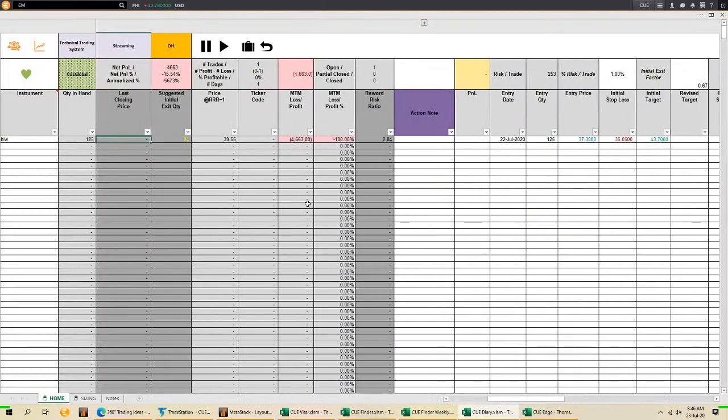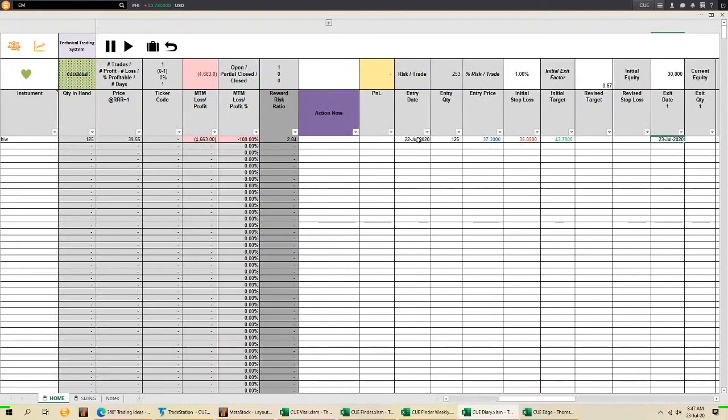If the reward risk ratio equal to 1 price 39.55 is hit, then you will see some color will change here to alert you. If the final target is reached, then also color will change. If the stop is hit, then also color will change. Those alerts are made using color change.